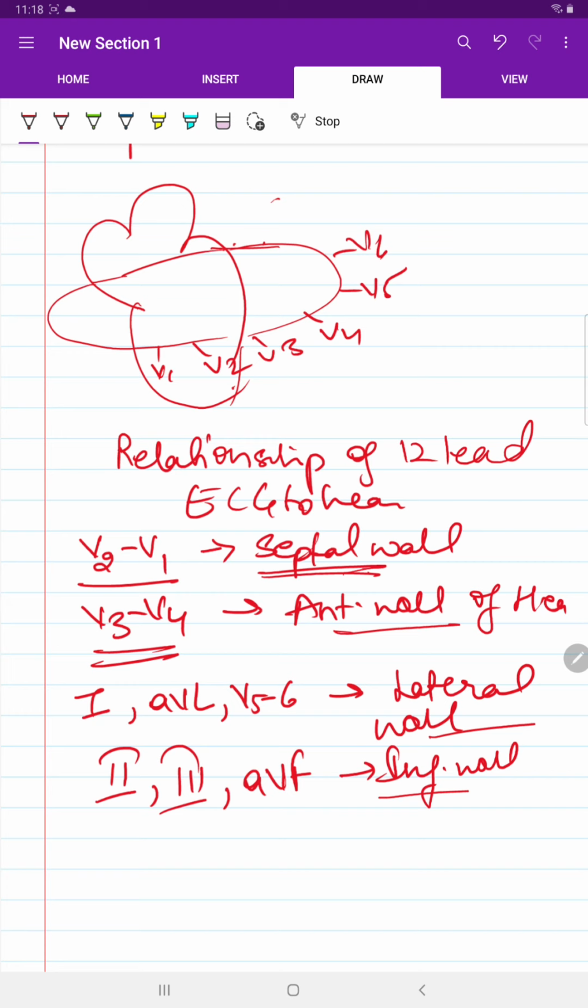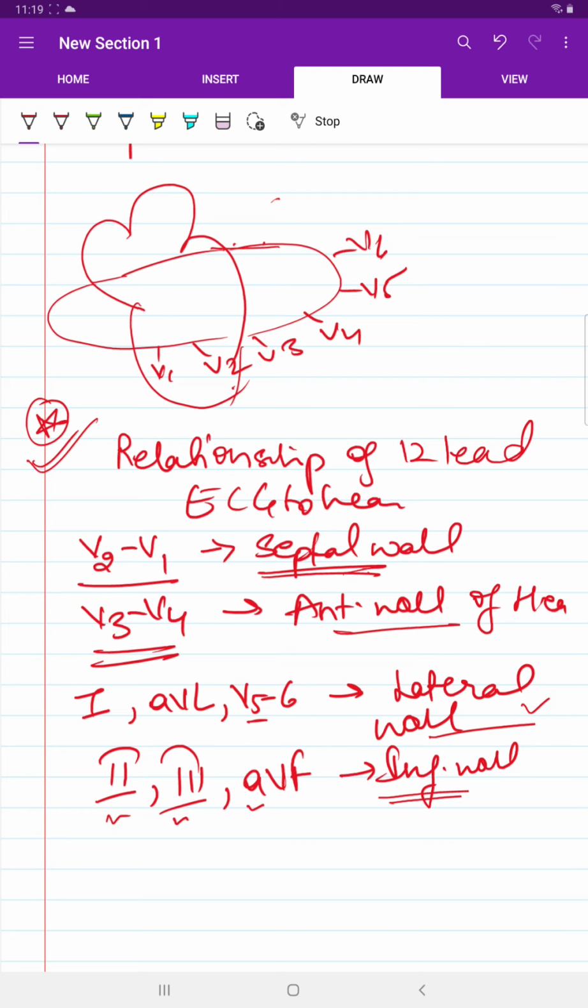What does it denote? Inferior wall means there are changes in lead second, lead 3 and AVF. Lateral wall is the same, there are changes in lead 1, AVL or V5 to V6. Anterior wall, V3, V4. So this is the most important part. We need to focus on the relationship of the leads to the heart.